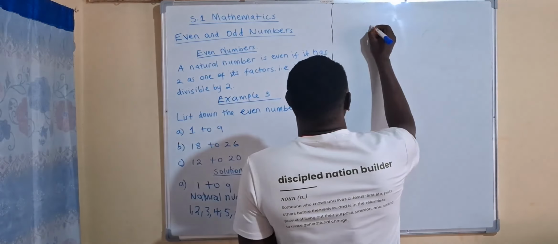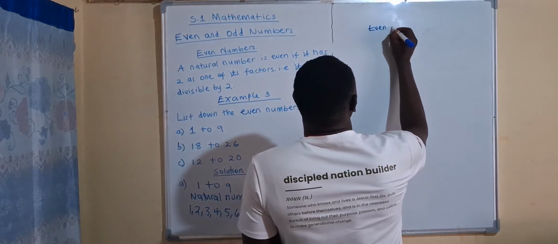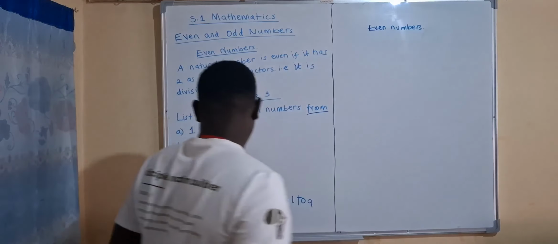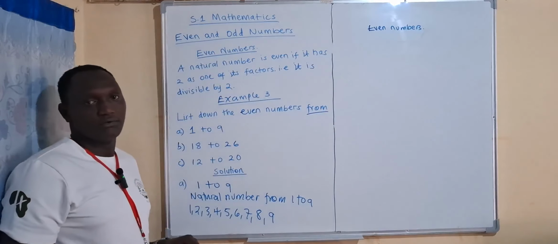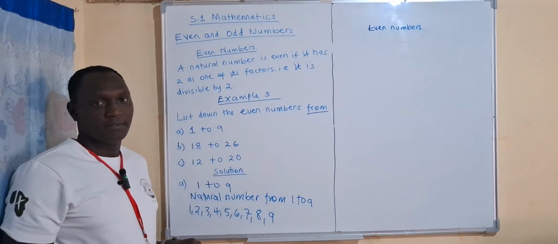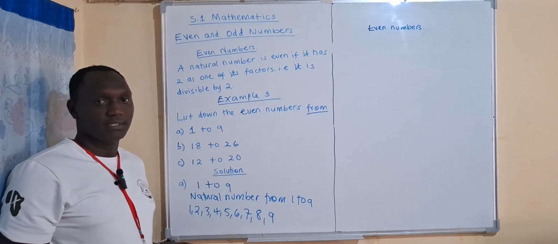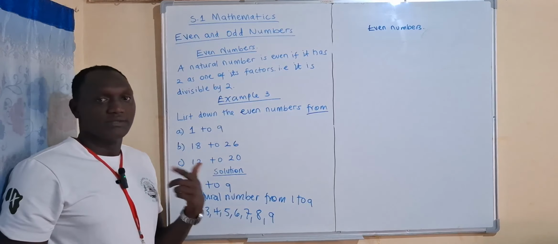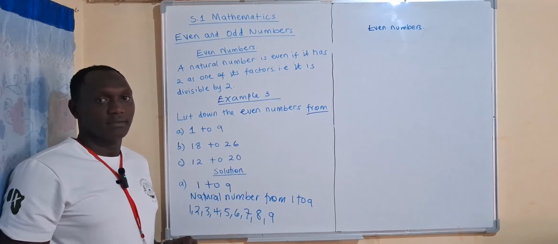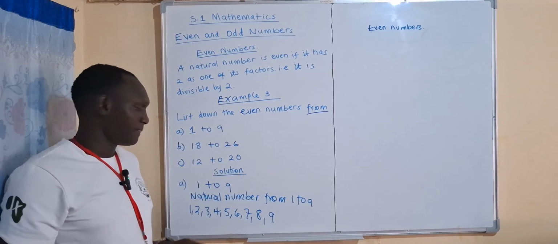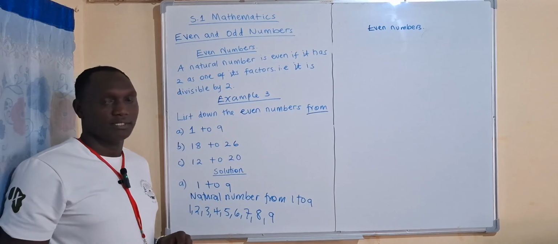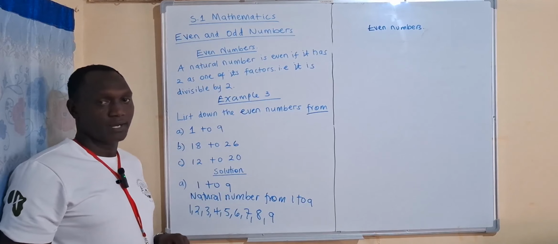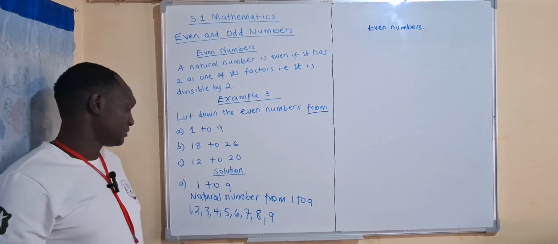They are part of this range of natural numbers. So after this, we then go to even numbers. From 1 to 9 here, we shall look for numbers which are even. In other words, we shall look for numbers for which 2 is a factor, or when we divide them by 2, the remainder is 0. 1 cannot be divided by 2. 2 divided by 2, we get 1, and the remainder is 0.